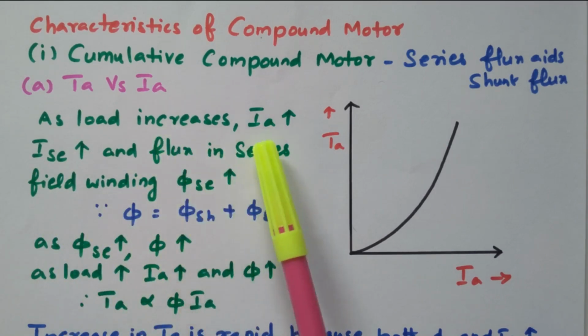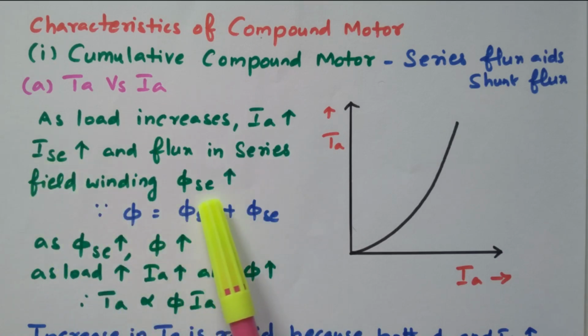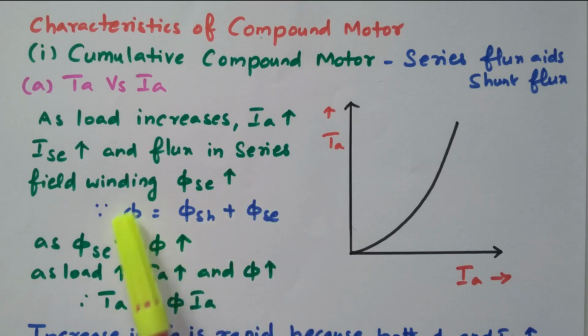We know that the total flux is equal to the sum of the flux due to shunt and the flux due to series, phi SH and phi SC, the shunt field flux and series field flux. If phi SC increases, the total flux also increases. So as the load increases, the armature current increases and the total flux also increases.